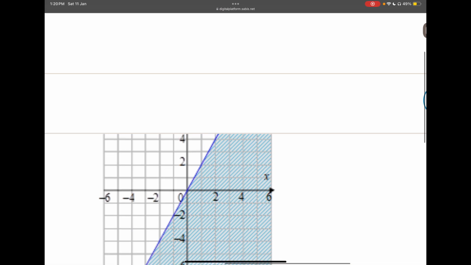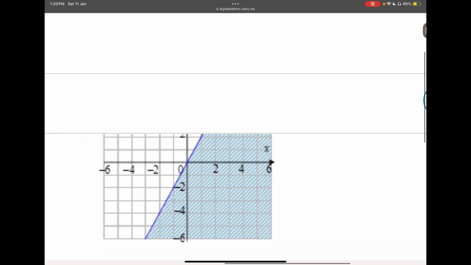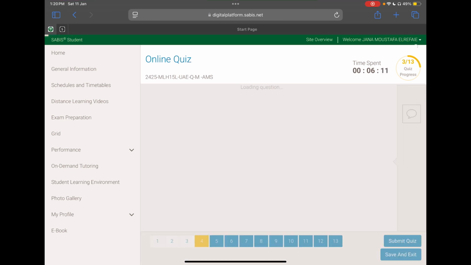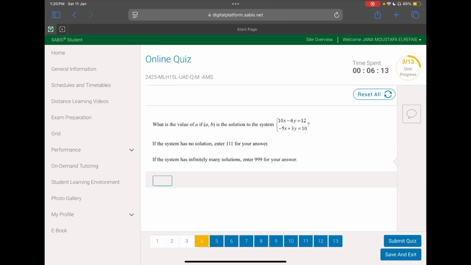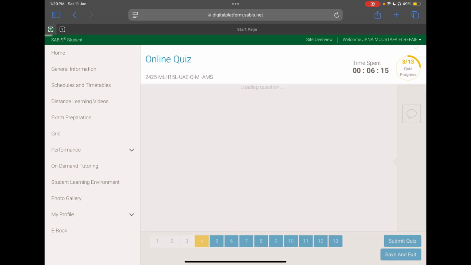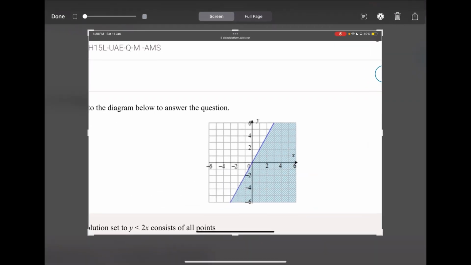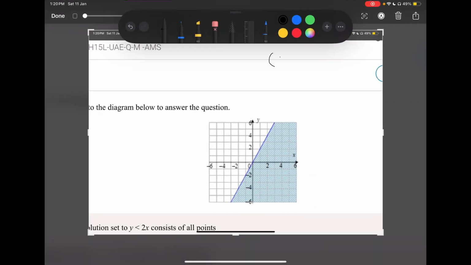So anything in this shaded region, not on the line, is correct. Let me tell you why not on the line. I told you if we have (1, 2), that means 2 is less than 2. That's incorrect.